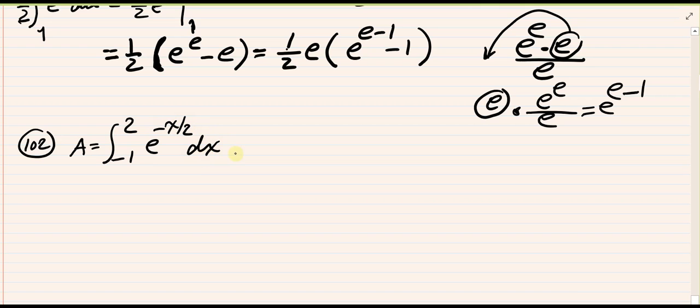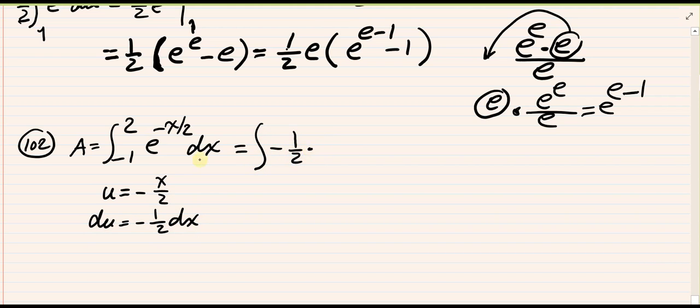Okay, now the integral of that is going to be, again, if you let u be, for example, negative x over 2, then du is going to be negative 1/2 dx, right? So actually, from this, we get dx is negative 2 du, right?